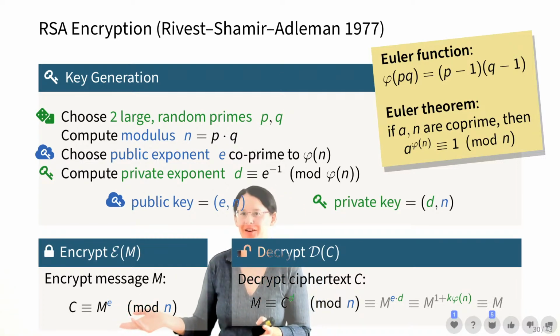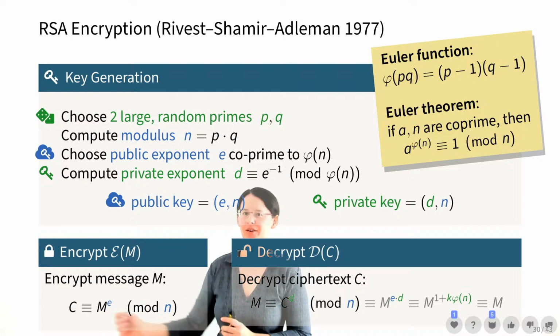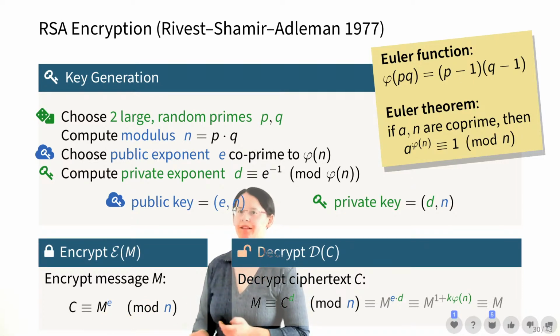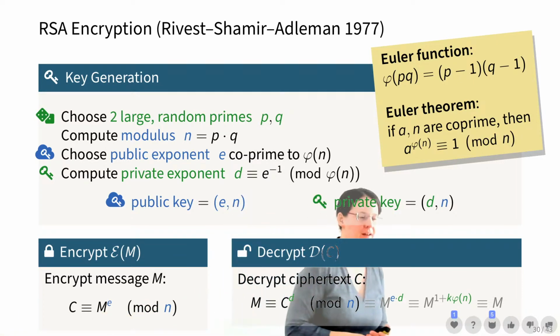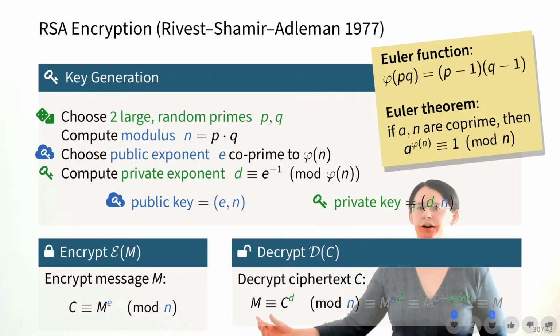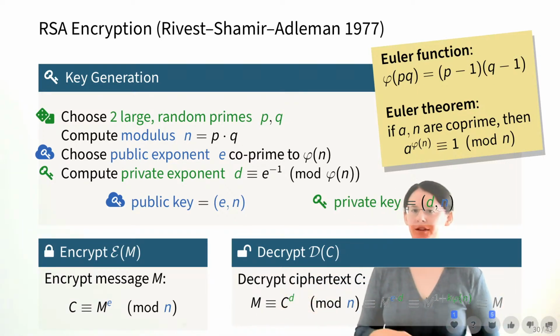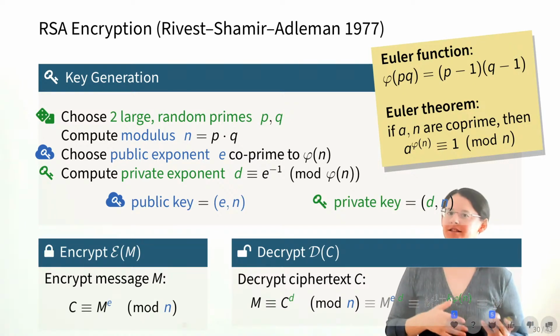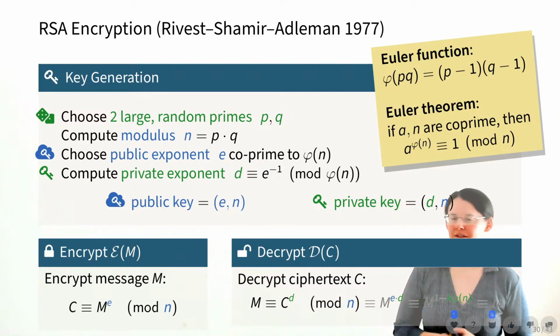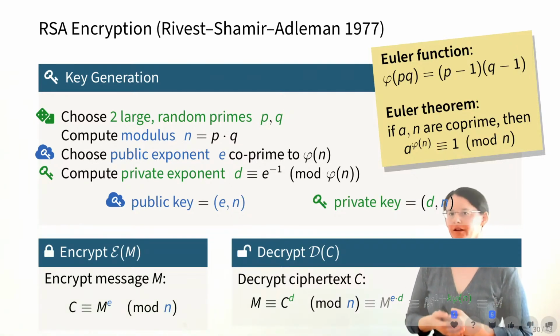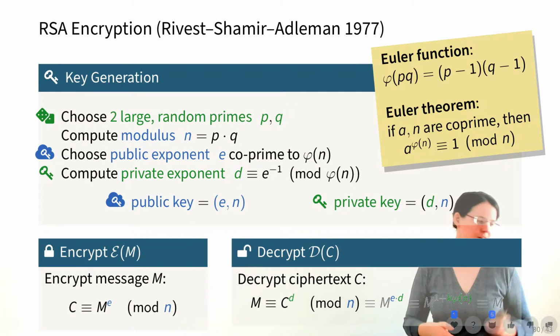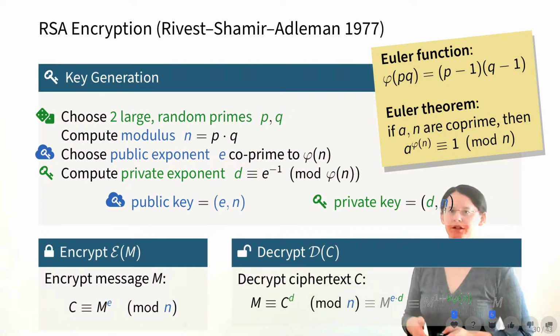So how do we actually evaluate this innocent looking RSA? The good news is that there is a very simple implementation technique which allows us to exponentiate even with such large numbers. It's still somewhat expensive, like 1000 times more expensive than AES, but it's at least feasible. You can definitely compute it on your computer or your phone or even smaller devices.